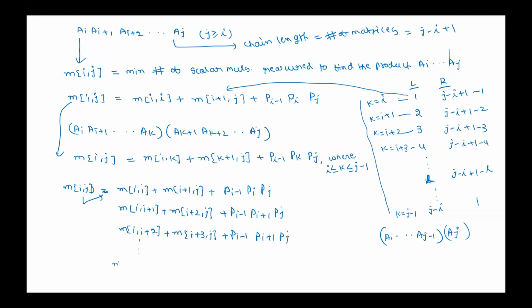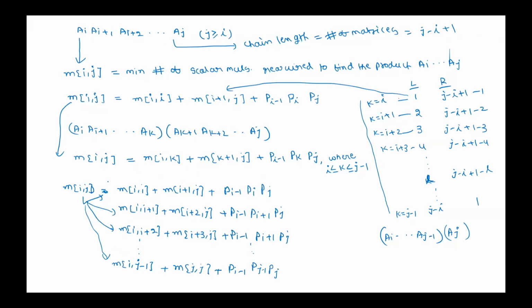And so on. Finally, Mi,j-1 plus Mj,j plus P(i-1) P(j-1) Pj. Now Mij is either the first value, or second value, or third value, and so on, up to the (j minus i)th value.